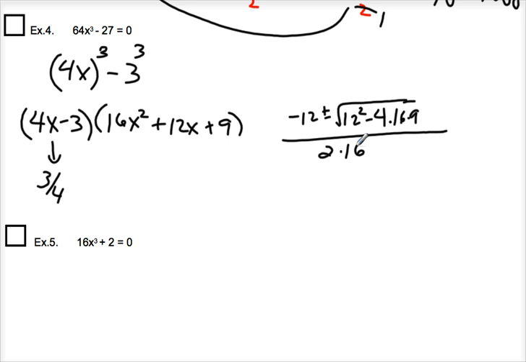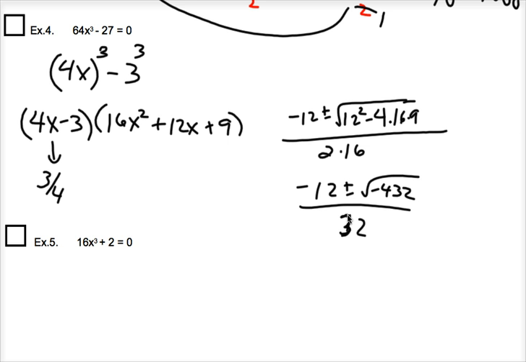So when we do the discriminant on that one, memory serves me correct, it's negative 432. I'm going to double check. And yes, it is negative 432. So this would be negative 12 plus or minus the square root of negative 432 over 32.